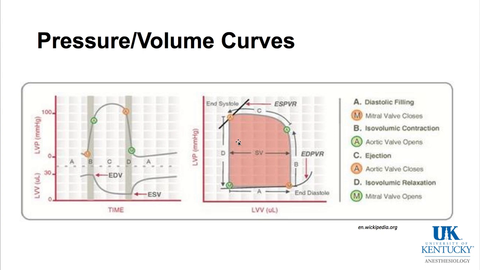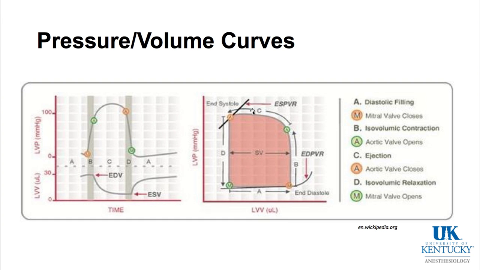So the width of this pressure volume curve is a reflection of stroke volume. And you probably remember that end diastolic volume minus end systolic volume over end diastolic volume is ejection fraction. So looking at the width of this tells us about stroke volume and ejection fraction.